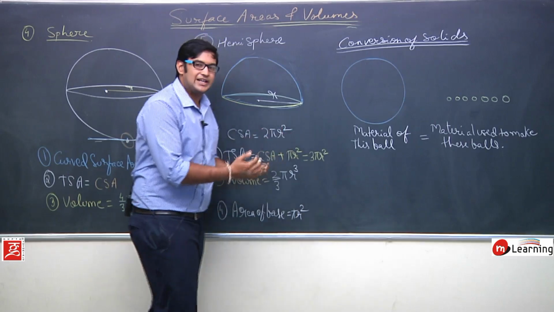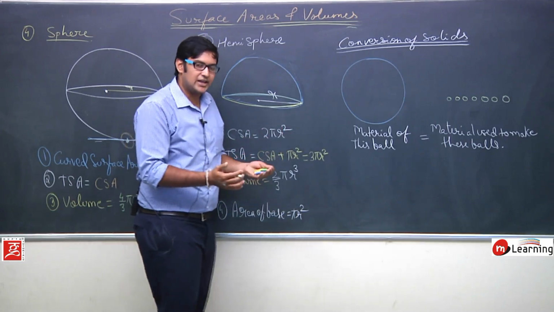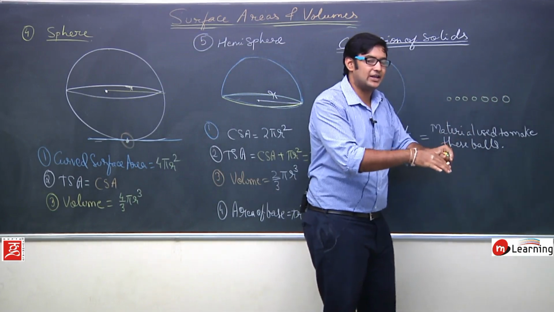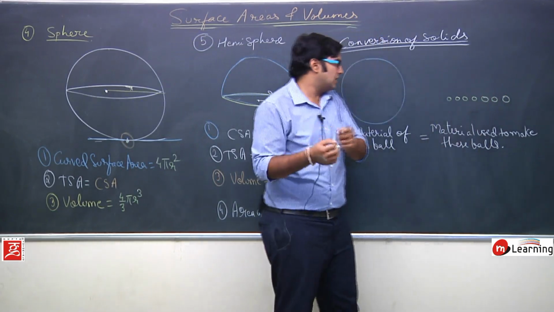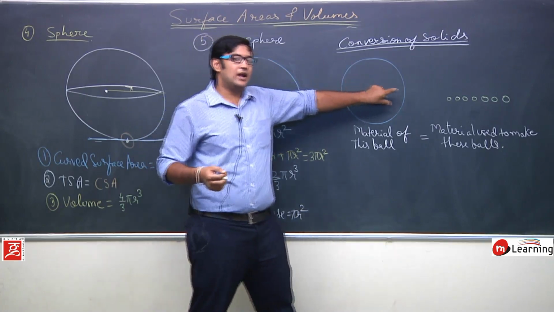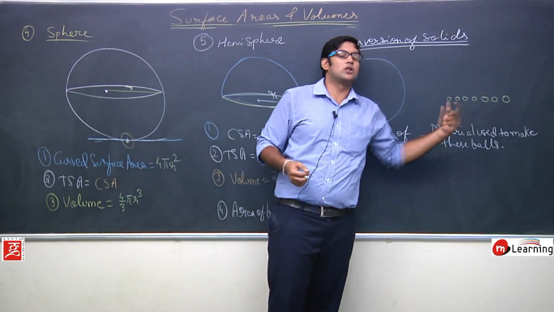The total material that I have can only be used to make these balls. I cannot use extra iron, I cannot take any iron from it. I have to use this complete iron and convert it into small balls.